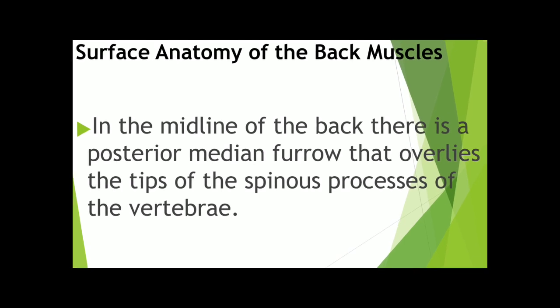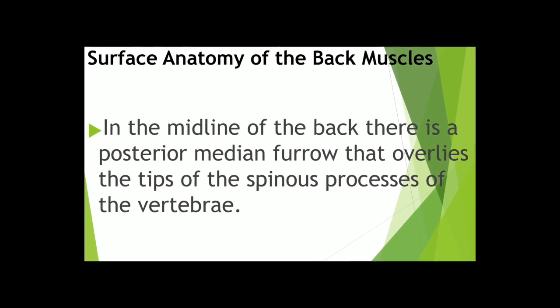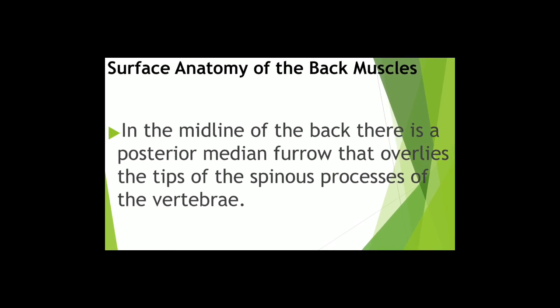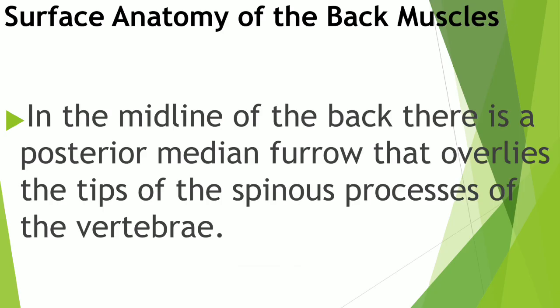The posterior median furrow is continuous superiorly with the nuchal groove in the neck. Don't forget that the posterior median furrow is deepest in the lower thoracic and upper lumbar regions. So you can palpate that on the back of your friend or sibling.